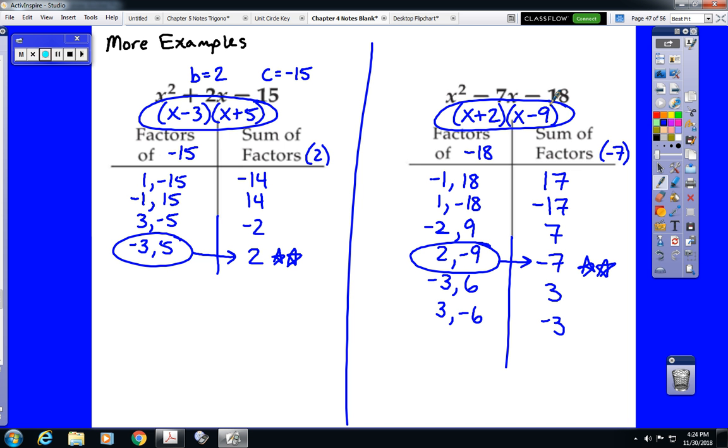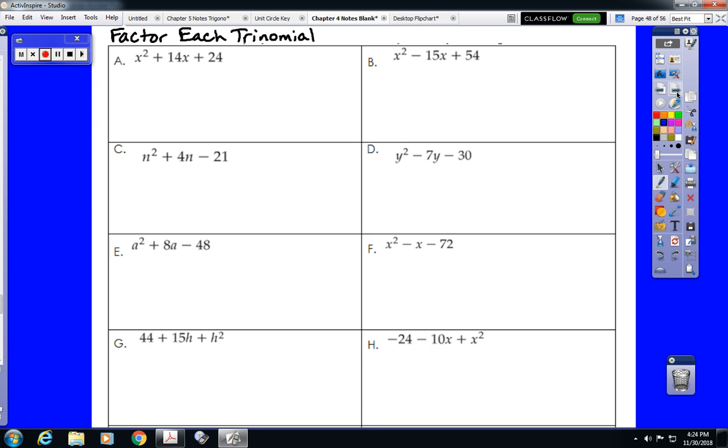We're going to try to cut back on the work on the next page and just start thinking it through. So again, here's a whole bunch more trinomials we're going to try to factor. We are looking for numbers that multiply to 24 and add to 14. Hopefully, you can come up with 2 and 12.